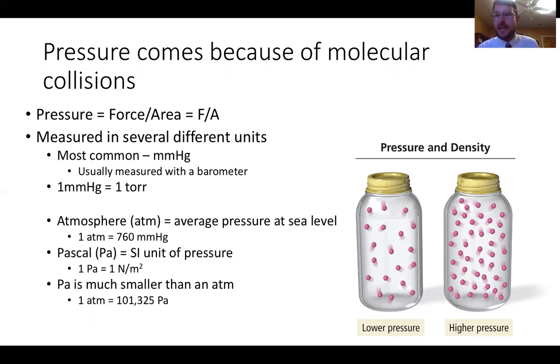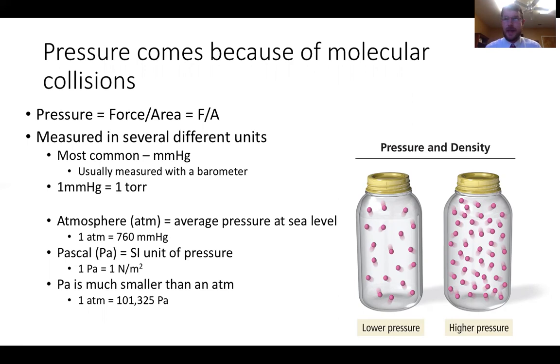This is the SI unit of pressure, where 1 pascal is equal to 1 newton divided by meter squared. We're not really going to use pascals in this class. You might be asked to convert it on a homework assignment, maybe just so that you can practice converting units. You'll get a table. You'll know the conversion units. You'll convert it the same way.